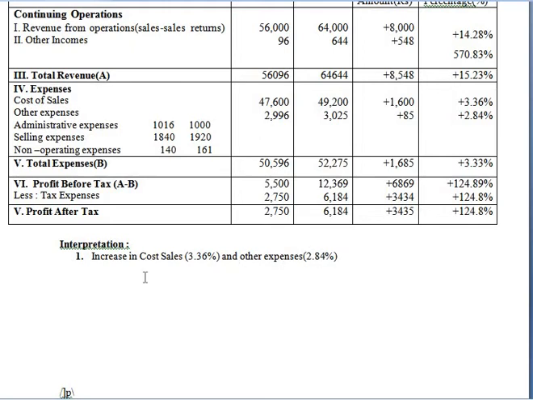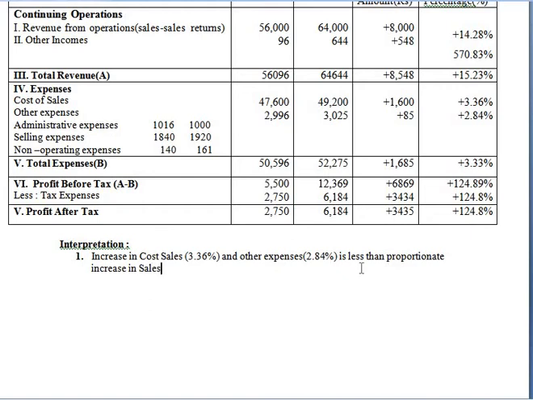How much? 3.36% and 2.84% is less than proportionate increase in sales.